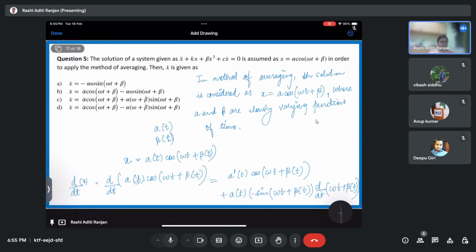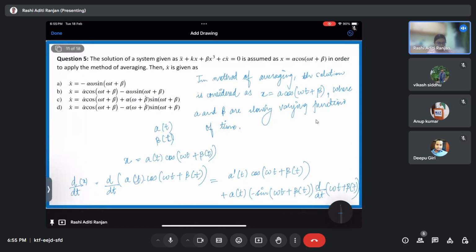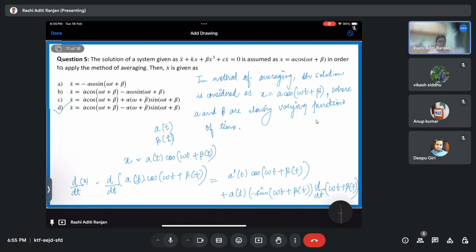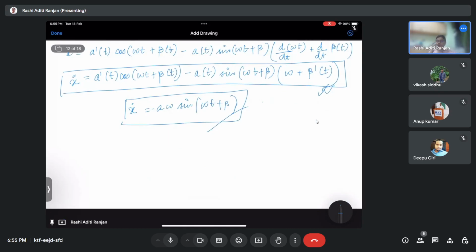So the solution for this equation is going to be nothing but, okay, there is a minus now. So this is going to be the correct answer, D. I hope this is clear.